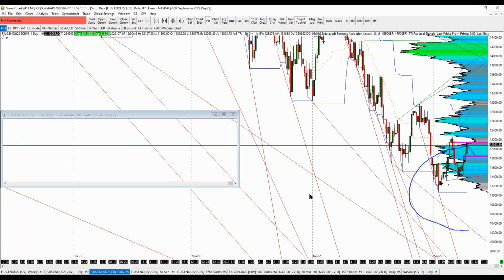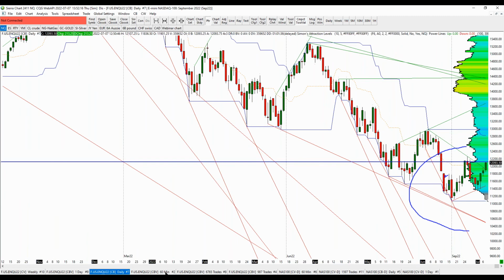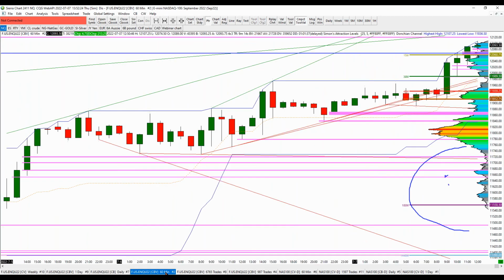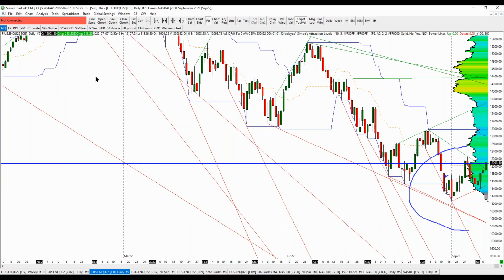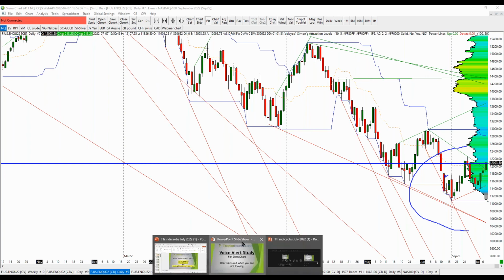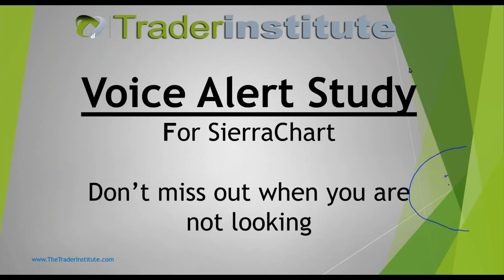It will say NASDAQ. Or let's see. NQ. Did you hear that? NQ. So it didn't read the top. It just read NQ because I put NQ as a preference voice for the NASDAQ. All right. So that's about the voice alert. So I don't want to miss trades. That's what the thing is about.